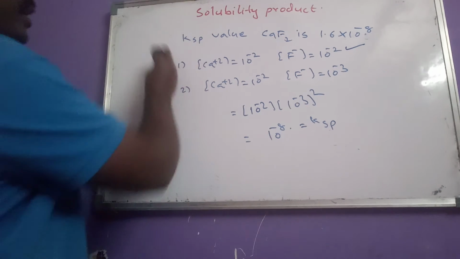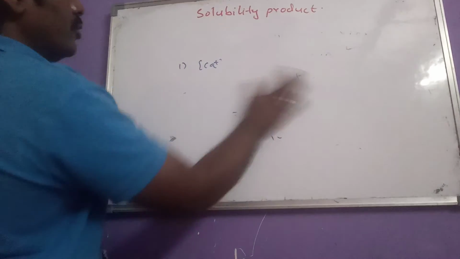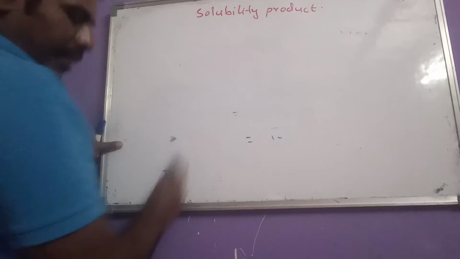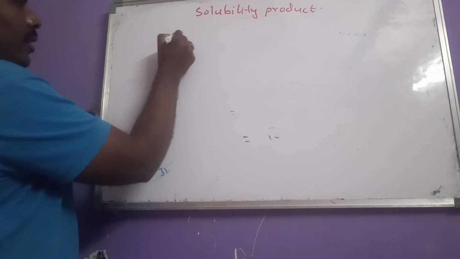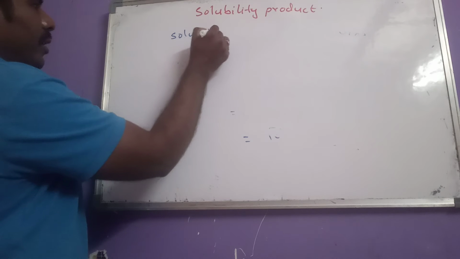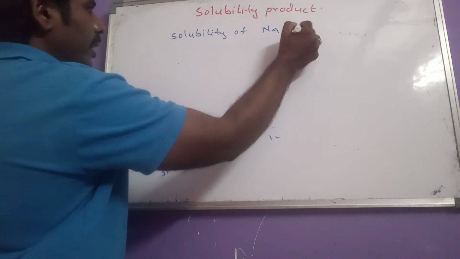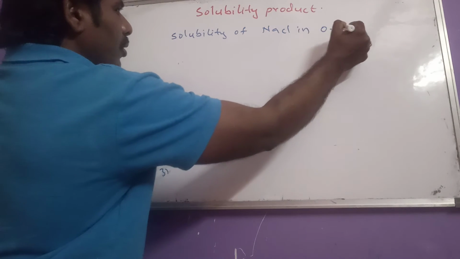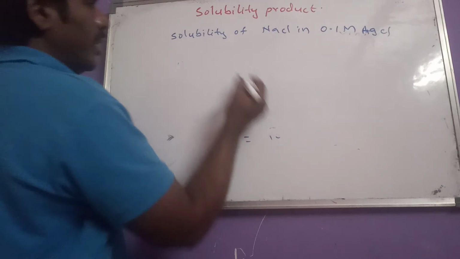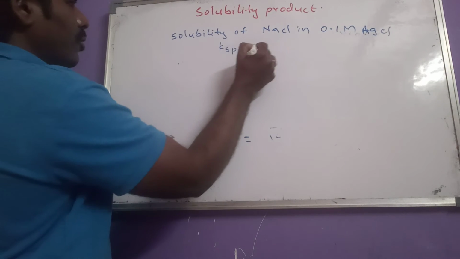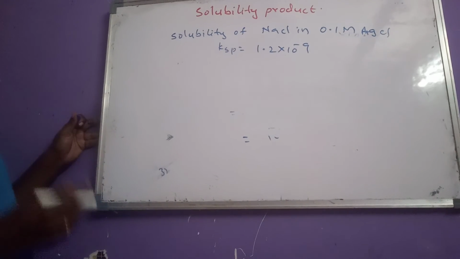Okay, now this is another question. Now what is another question related to solubility product here? Let us see. What is the another type of question? What is the solubility of NaCl in 0.1 M AgCl solution, and KSP value they give 1.2 into 10 power minus 9.